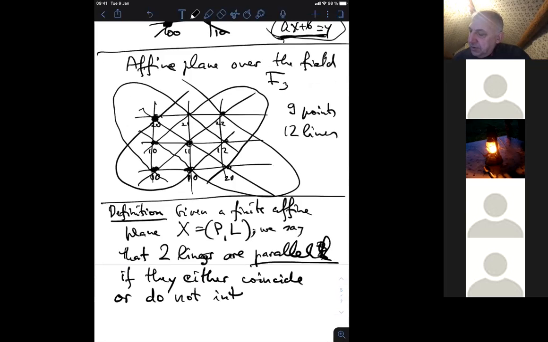It's just the usual notion of intersect. It would be convenient for us to say that 2 coinciding lines are still parallel. That's not such a big deal.